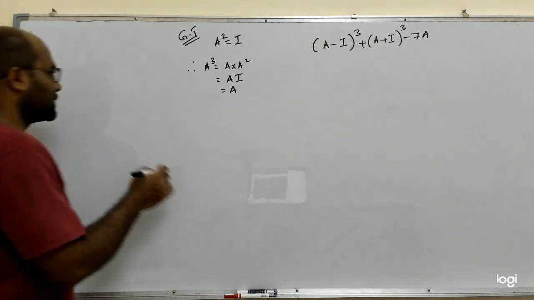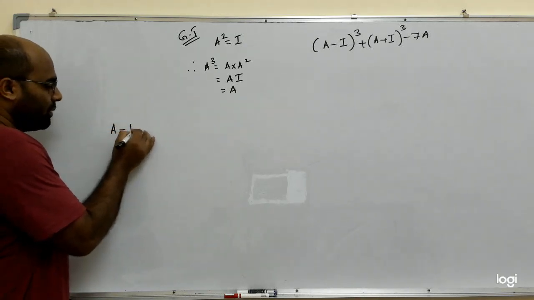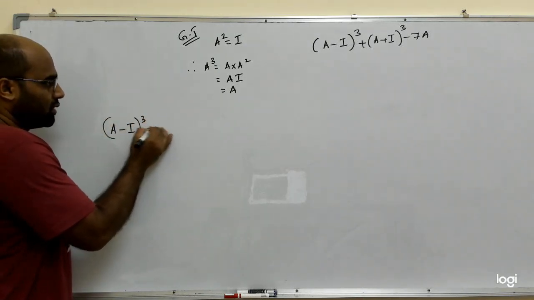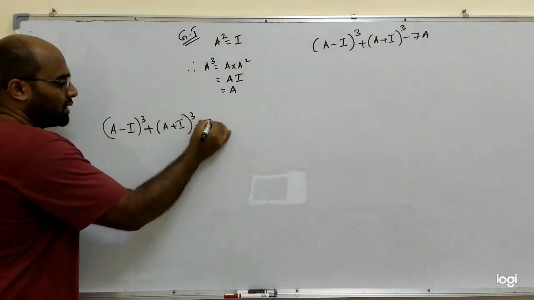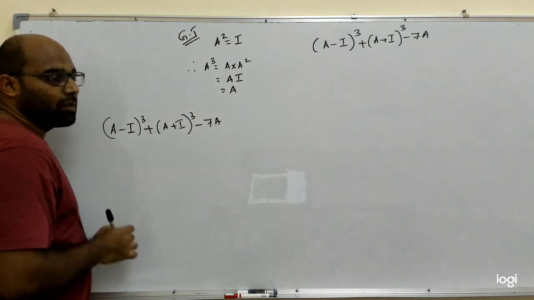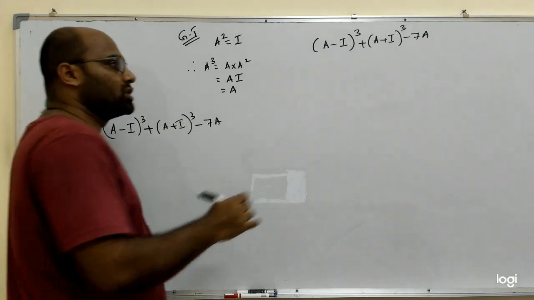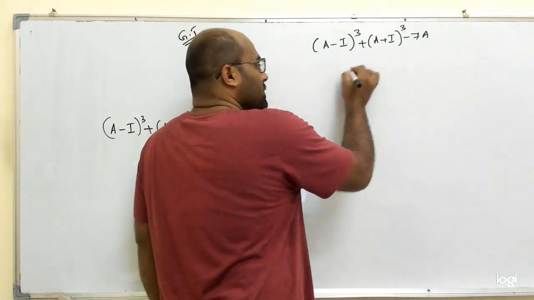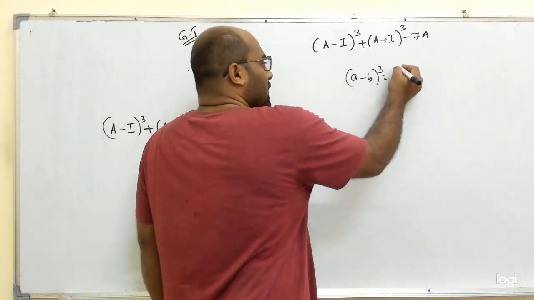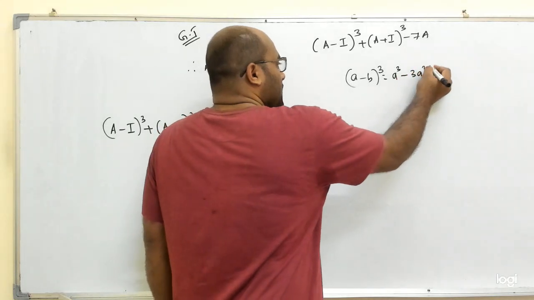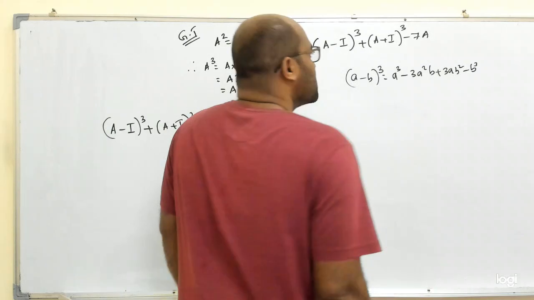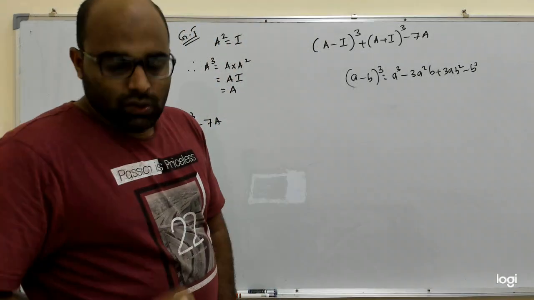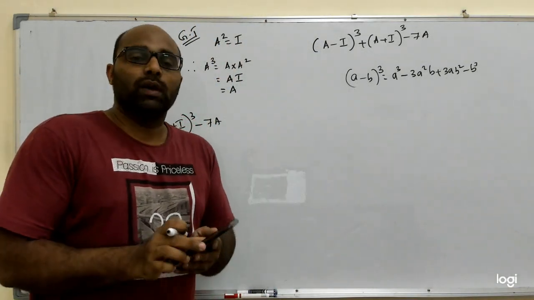So our question is (A - I) whole cube plus (A + I) whole cube minus 7A. You know the result of (a - b) whole cube: a cube minus 3a square b plus 3ab square minus b cube. Don't forget the results for (a - b) whole cube and (a + b) whole cube.